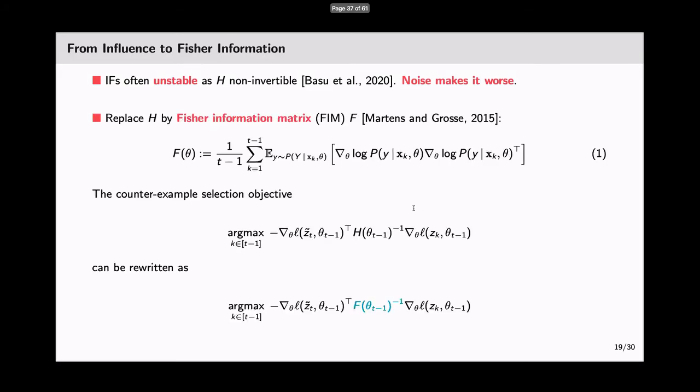So to overcome this, we replace the Hessian with the Fisher information matrix. So our counterexample selection objective that we introduced before, which is the maximization of this quantity, can be rewritten as this one. Basically, we substitute the Hessian with the Fisher information matrix.